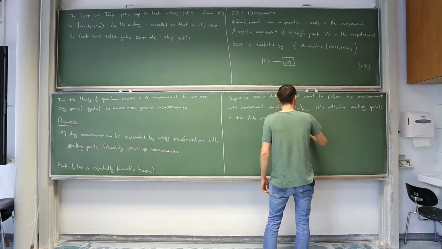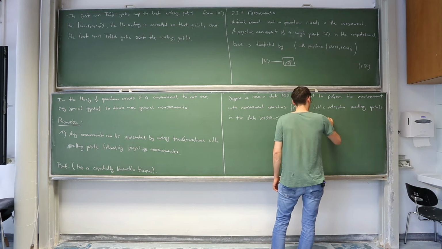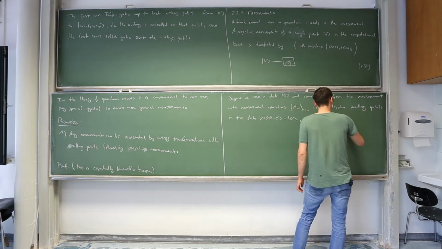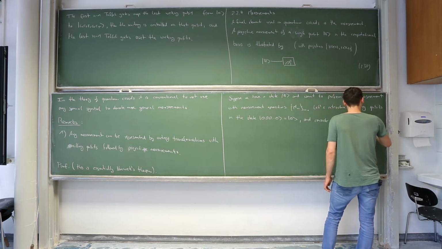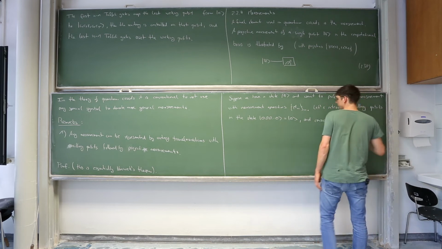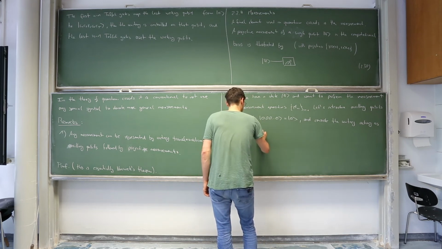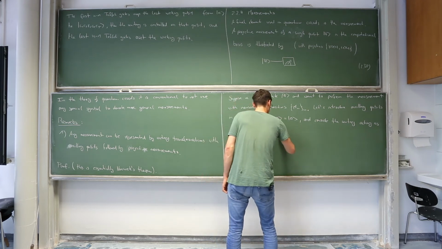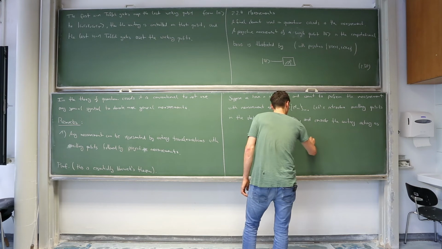And consider the following unitary, which acts as follows, so that U, which acts on this state psi 0, is equal to the sum over M of the measurement operators M psi M.